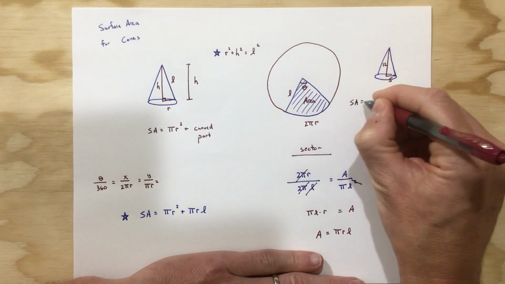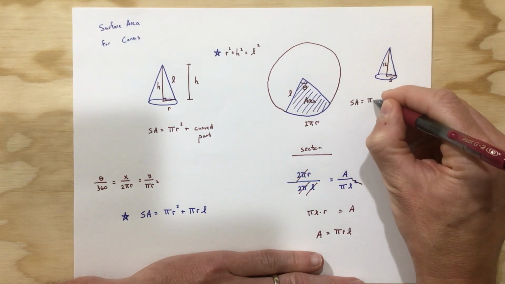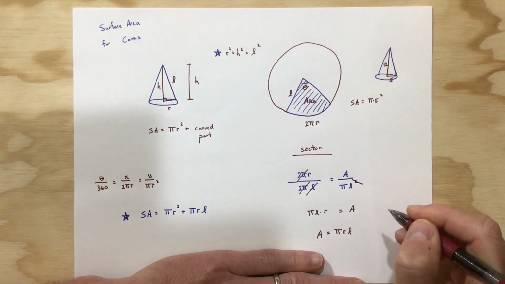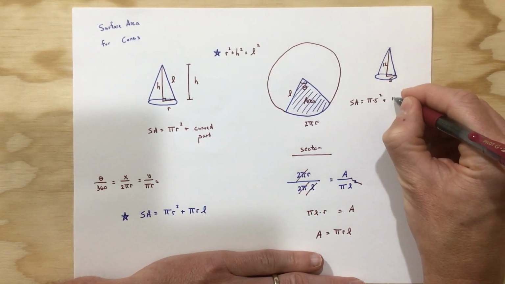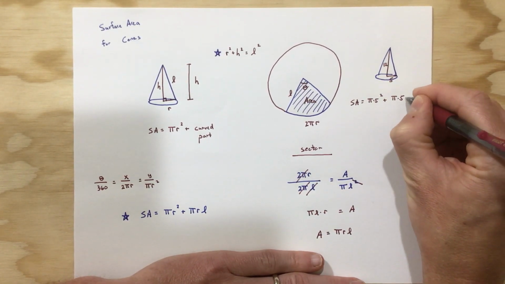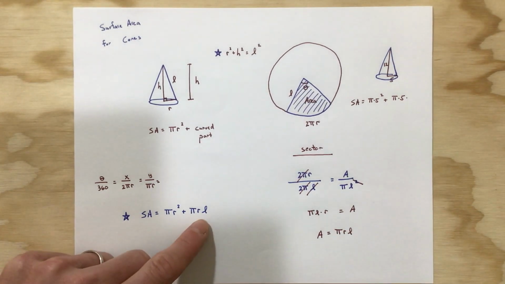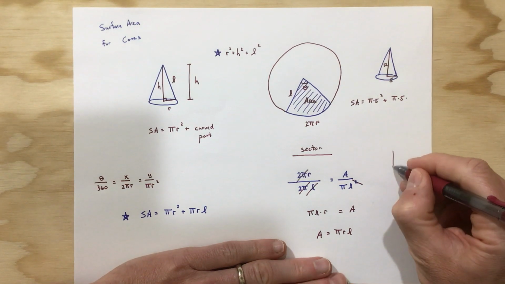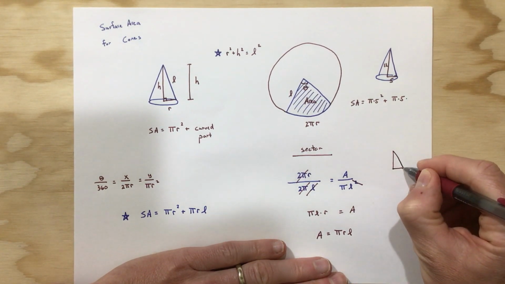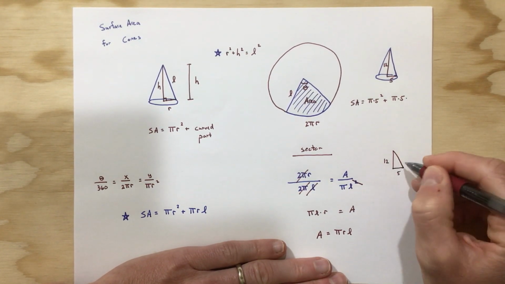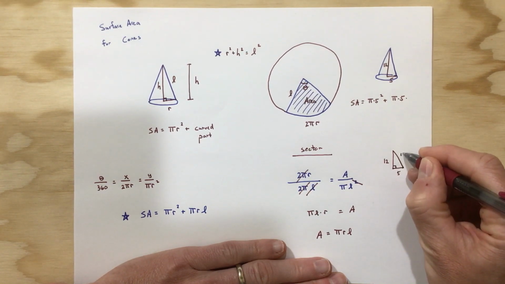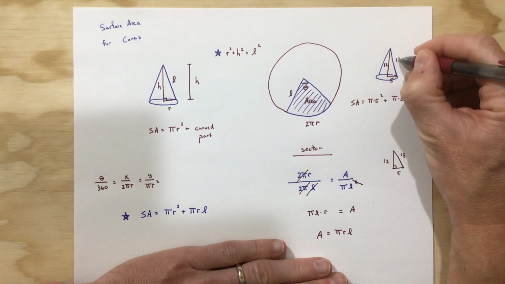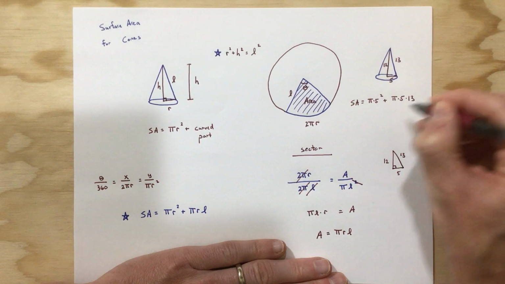The surface area is going to be pi 5 squared for the bottom plus pi r L. What's L? L is the slant height, but I did pick some nice numbers here because we know that the 5, 12 right triangle has 13 as a hypotenuse. So 13 is the slant height, and we get 13.